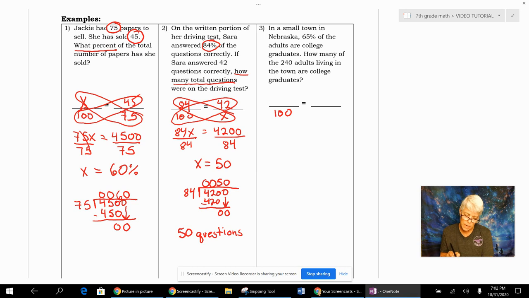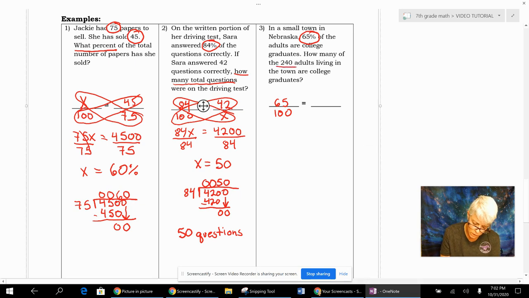Number 3, in a small town in Nebraska, 65% of the adults are college graduates. 65%, I see a percent sign. Let's put it over 100. How many of the 240 adults living in the town are college graduates? So this might be a little bit tougher.